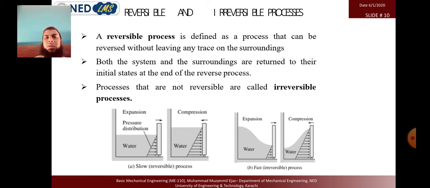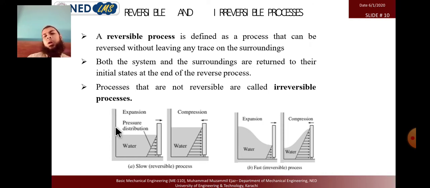All real cycles are irreversible, but to simplify, we make an ideal system, and for the ideal system we can have a reversible process, as explained in this picture. Even here, if we move slowly, when the water comes back to the initial position, there will still be some water on the wall of this system.